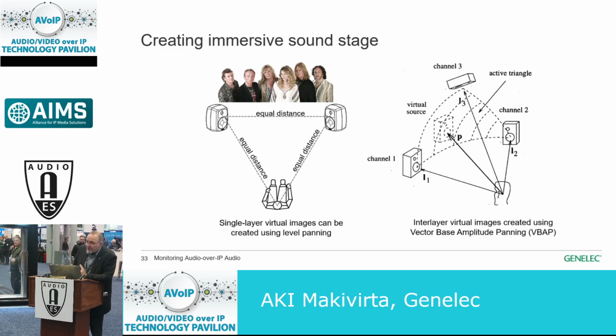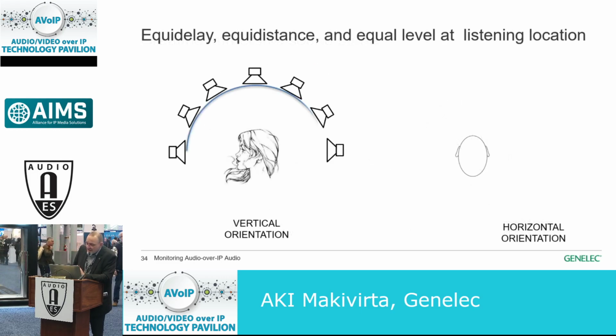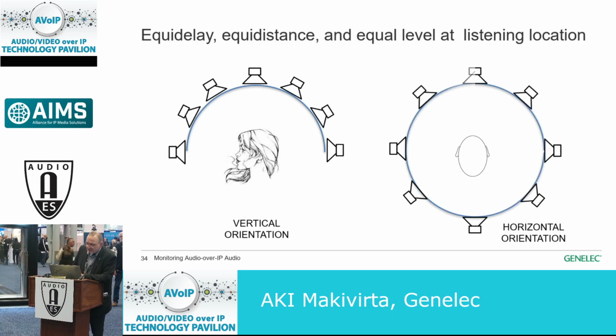It means that we have to fulfill certain assumptions about how this kind of system is configured to work correctly. Some of these assumptions are usually that all the loudspeakers in this kind of layout are at equal delay from the listening location and are reproducing the audio at equal level for the listener.